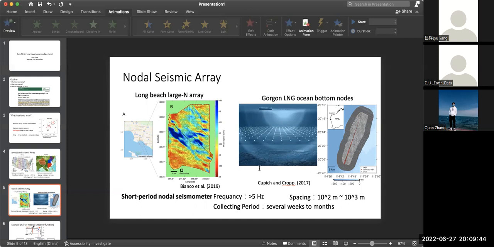What's more, the ocean bottom nodal array is also designed these years. Different from the broadband array, the frequency is much higher than the cutoff frequency.